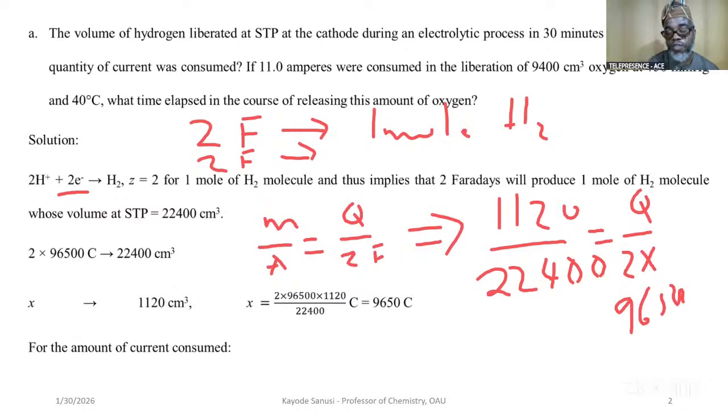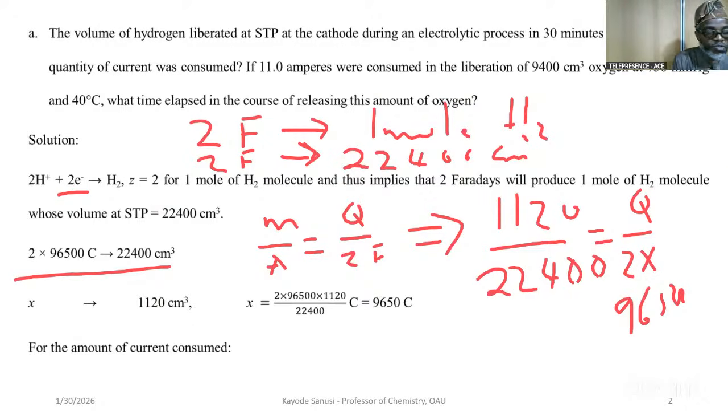The volume of 1 mole of hydrogen, recall, is 22,400 cm3. And that is what we did here. The volume is 22,400 cm3. So if 2 Faraday will be required to produce this volume, how many Faraday will be required to produce this volume? That is what we did here.